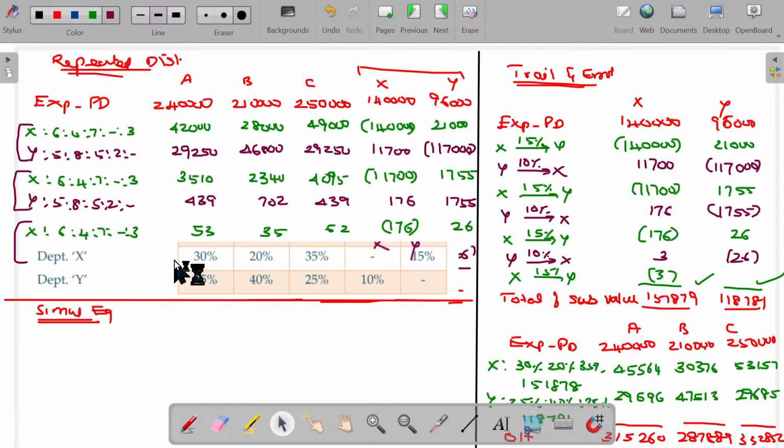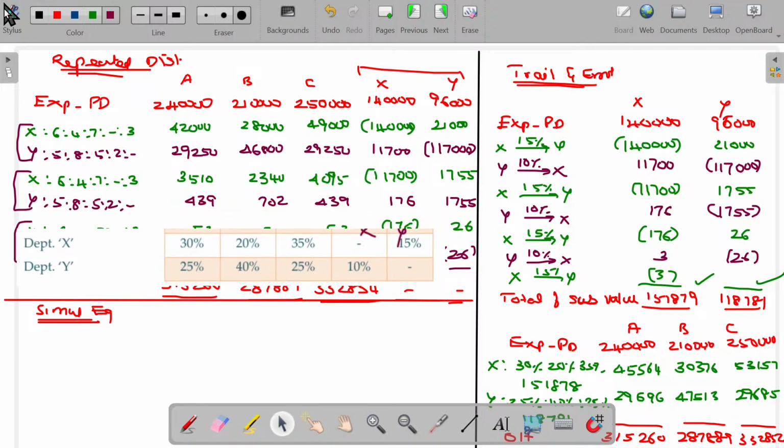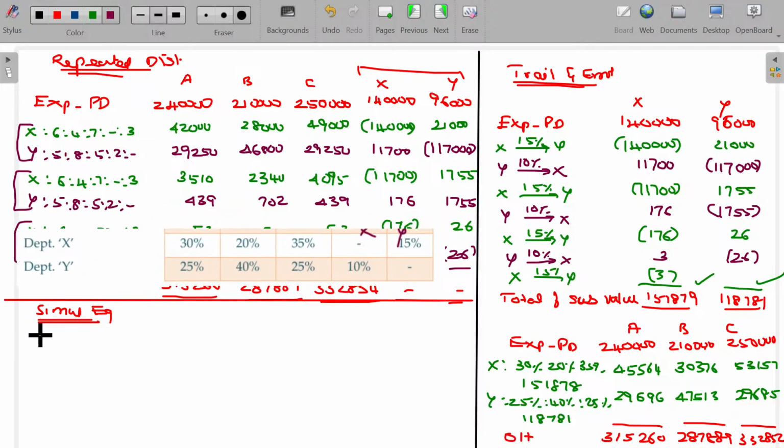The value of x is equal to 1,40,000 plus, for x, y offers how much? 10%. Otherwise 0.1 of y.